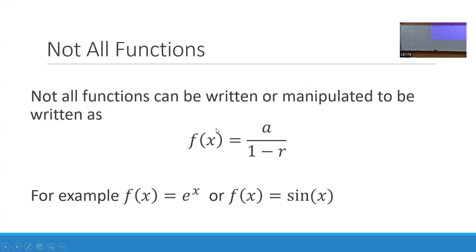The trouble with that method is that not all functions can be written as A over 1 minus R. Things like e to the x, things like sine x, you can't really easily write as A over 1 minus R. So we need a new technique.